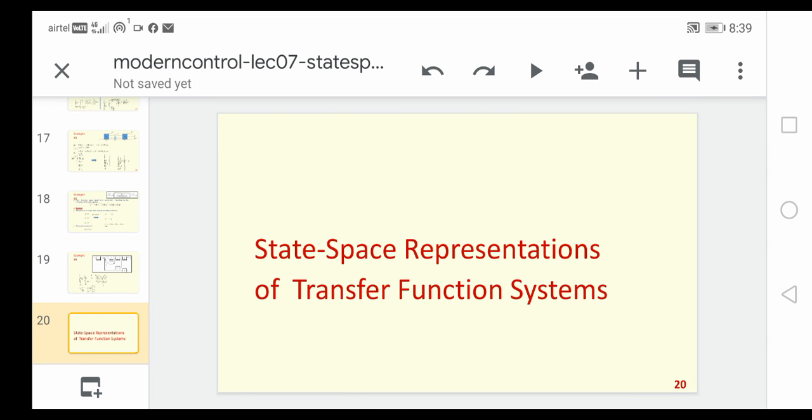Now we discussed how to convert the transfer function to state space. Similarly, if I give you state equations in the form x dot is equal to Ax plus Bu and y is equal to Cx plus Du, then how do you find the transfer function analysis?